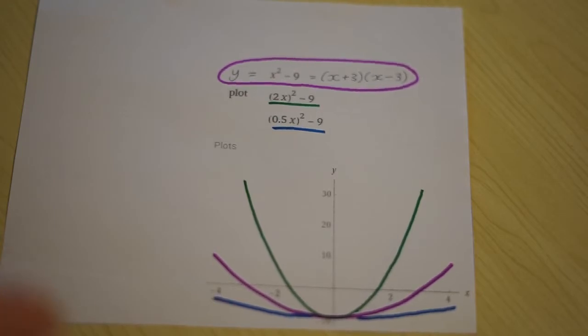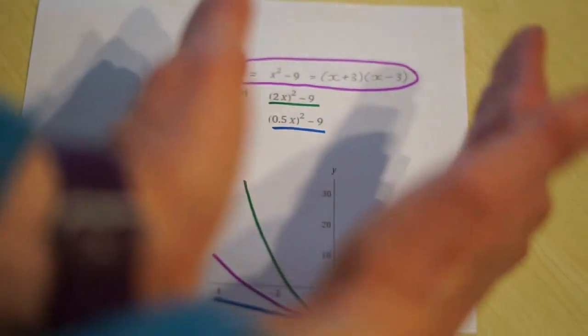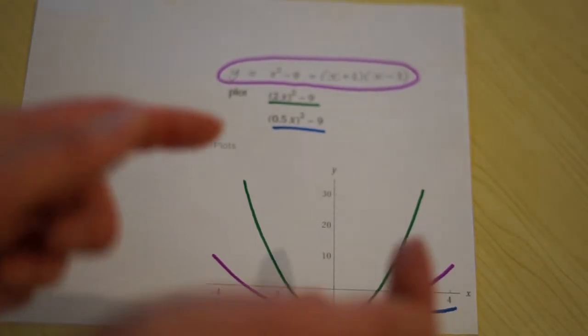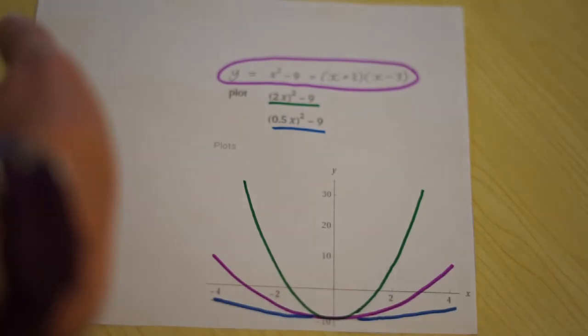So if we multiply all of the x values by a number greater than 1, it gets squashed in from an x point of view. If we multiply all of the values of x by a number less than 1, it gets more stretched out.